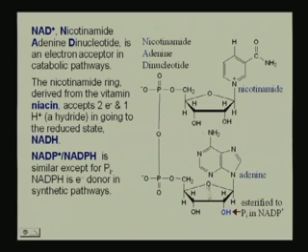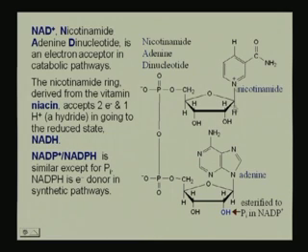So, we have NAD. It is an electron acceptor. We will see what changes, because the rest of the molecule is not going to be required.